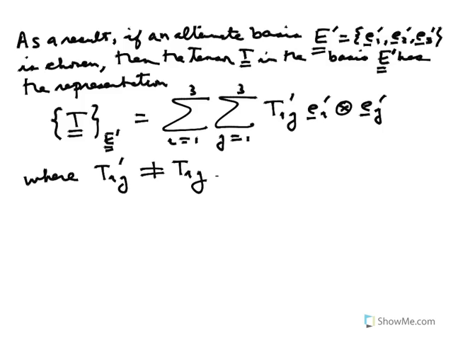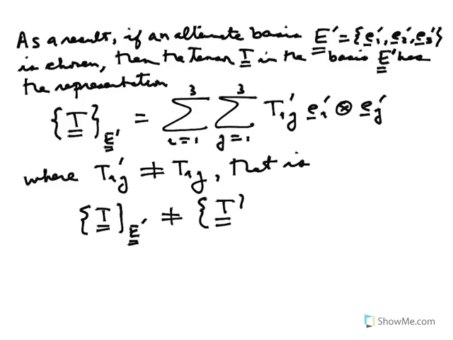So what that means is that the representation of the tensor in the basis E prime is not the same as it is in the basis E.